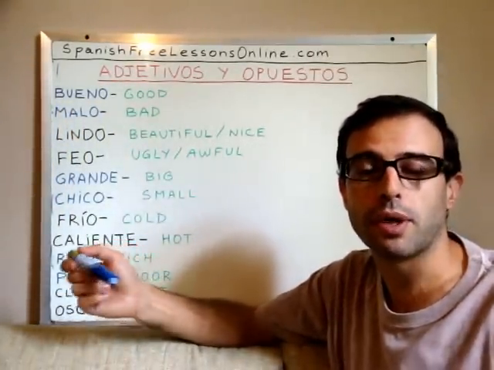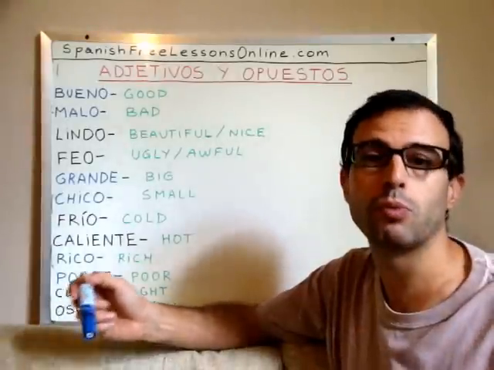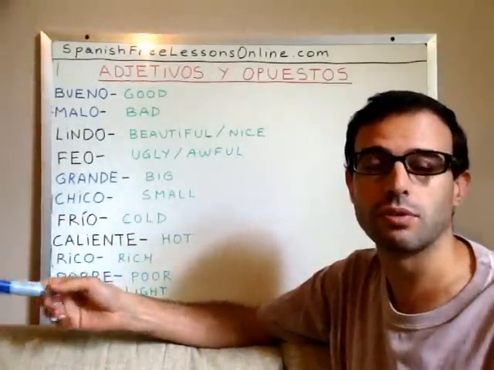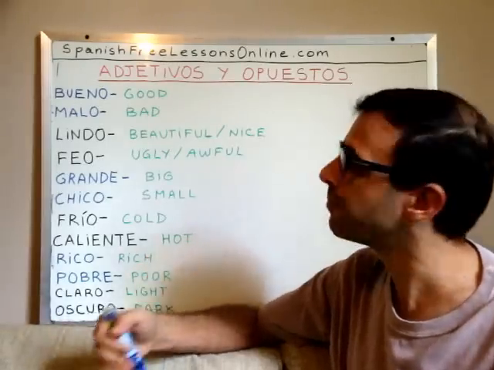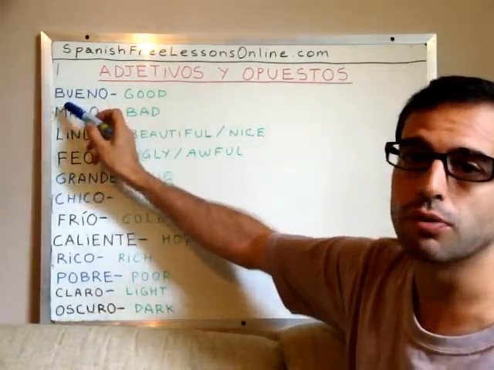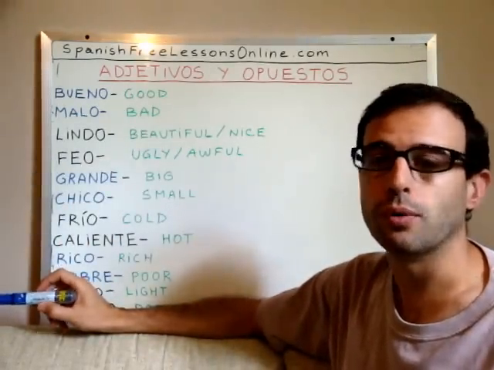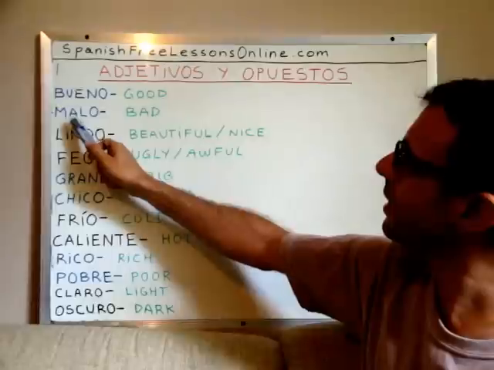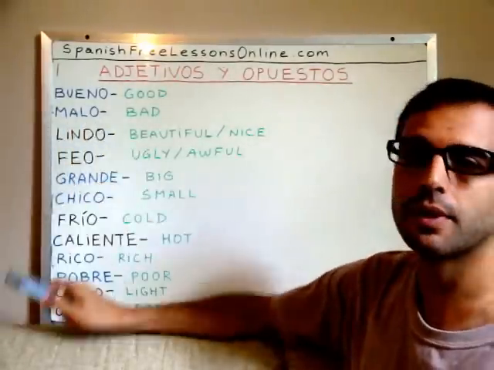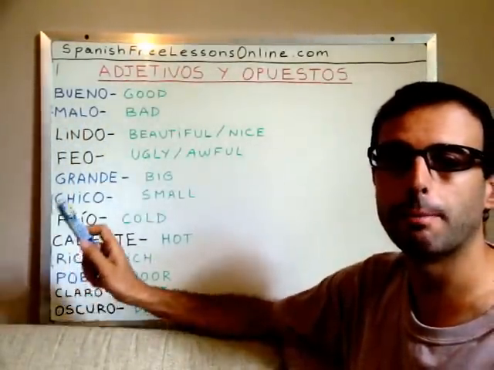Pay attention to my pronunciation and try to repeat with my same pronunciation so you can start acquiring the Spanish sounds. These are two syllables. Bueno. Malo. Two syllables. Malo.